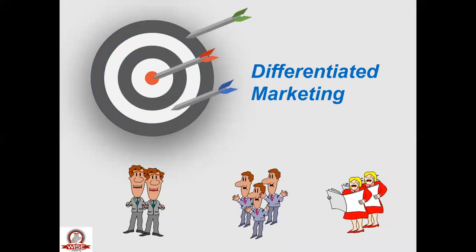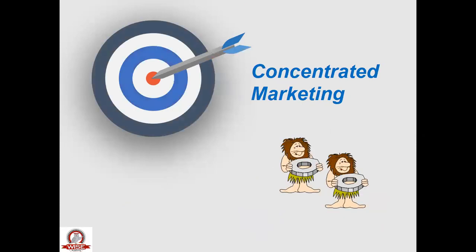The second type of marketing is differentiated marketing, or the differentiated target market. This is where we're identifying various segments that have commonalities between them. When we identify this, then we have a better understanding of how to actually market to them. Then the third one is concentrated marketing, or the concentrated market.